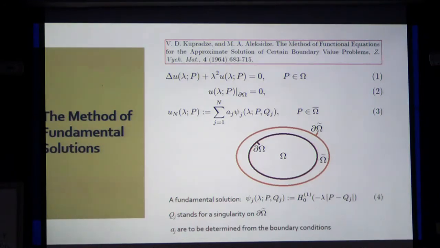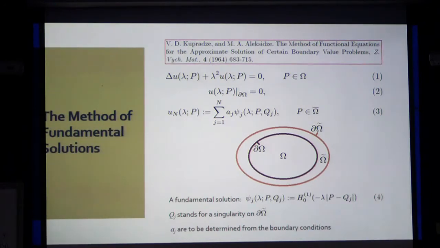The points P in here and the points Q on this boundary help to construct a system of solutions, and these Qj are also called singularities on this boundary, and the coefficients Aj are to be determined from the boundary conditions. So you can see that we will use a certain number n of functions in order to construct this solution. Now, this is a general method for solving boundary value problems.